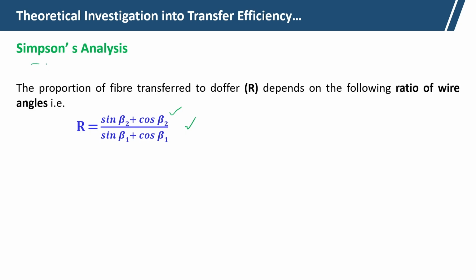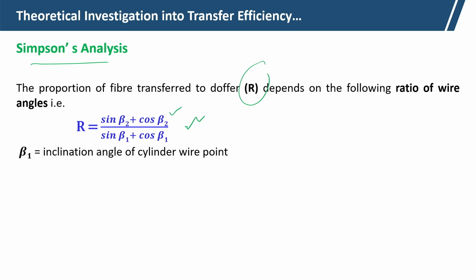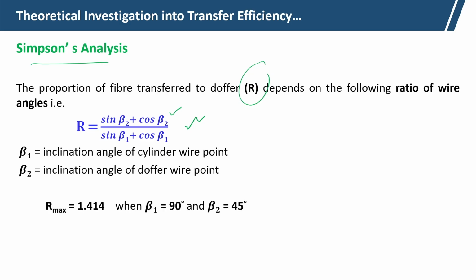So, as per the Simpson analysis, the fiber transfer to the doffer is the proportion of the ratio. Okay. So, beta 1 is the inclination angle of cylinder wear point, beta 2 is the inclination angle of doffer wear point.